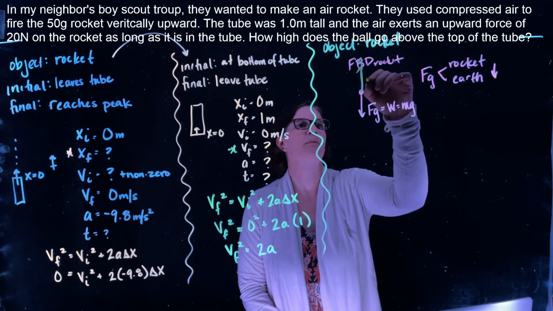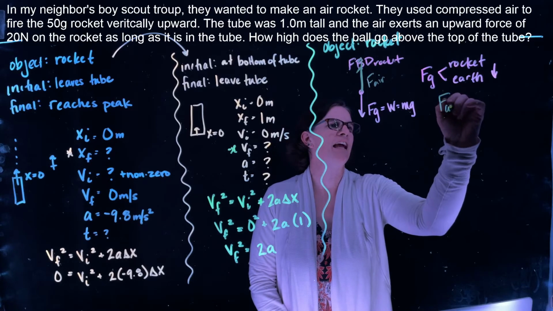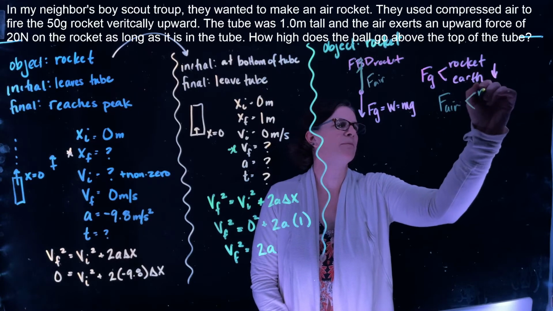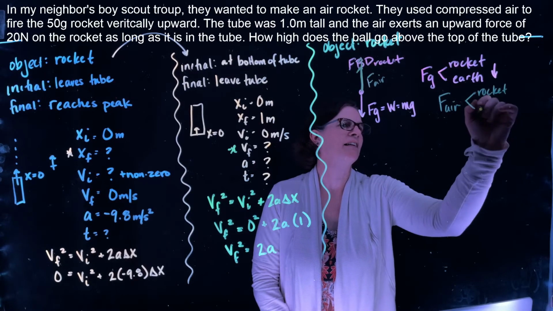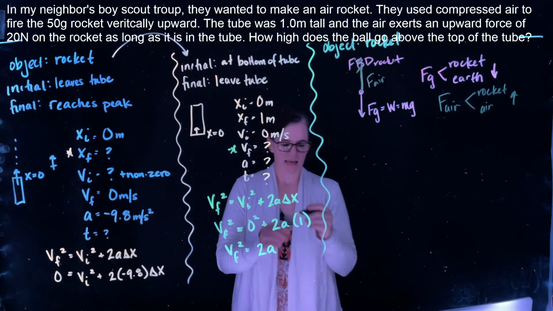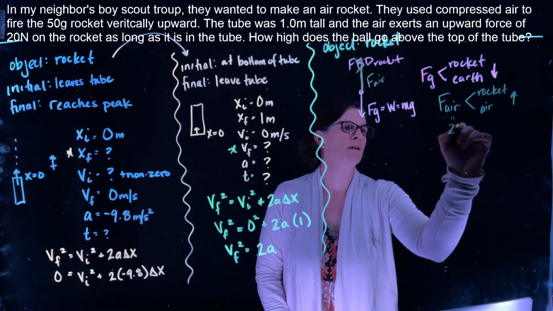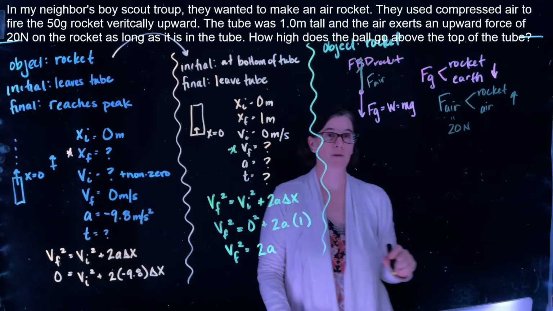So we have the force of the air, between the rocket and the air, in the upward direction. And we are told that is equal to 20 newtons.